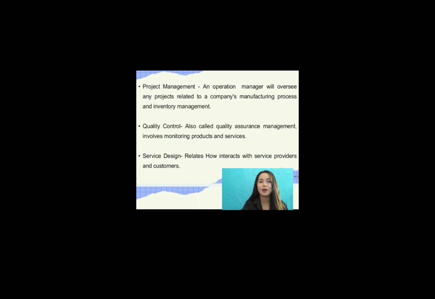So the last responsibility is service design. Service design relates to how the organization interacts with service providers and customers. It is the activity of planning and organizing people, infrastructure, communication, and material components of a service in order to improve its quality and the interaction between the service provider and its customers.